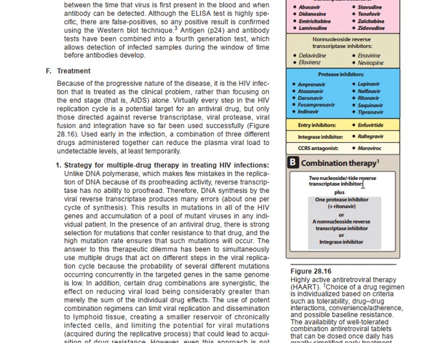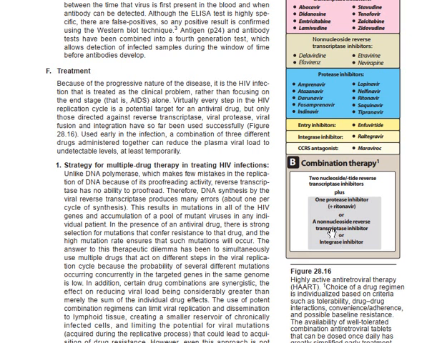So when you want to produce a highly active antiretroviral therapy, you can do 2 nucleoside or nucleotide reverse transcriptase inhibitors plus 1 protease inhibitor, or you do 1 non-nucleoside reverse transcriptase inhibitor plus an integrase inhibitor. Is it clear?